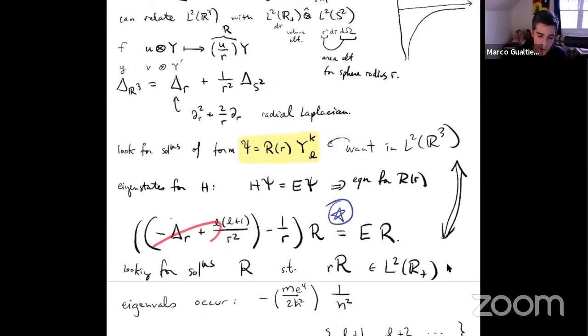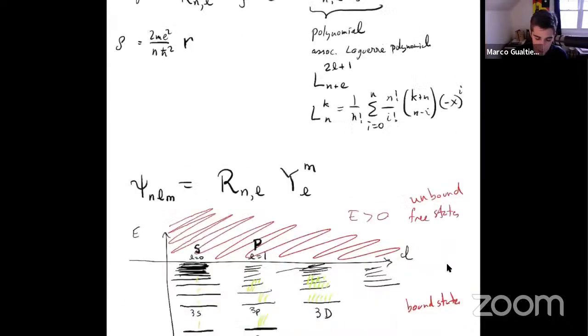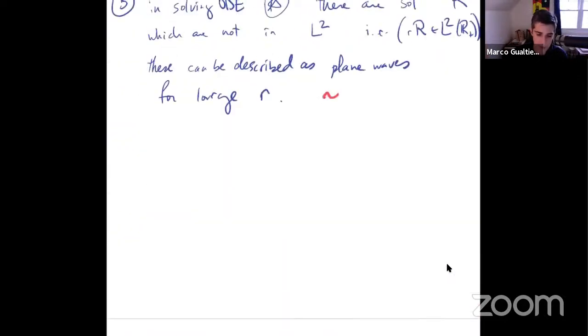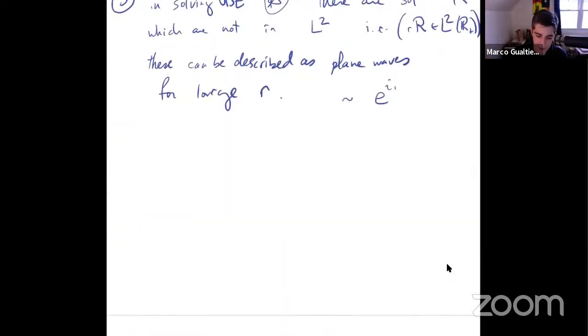Then the dominant term will be just this term here, and this 2 over r will combine, and you'll get eigenstates of the Laplacian in one dimension, which are waves, like e to the IKR, something of this nature.